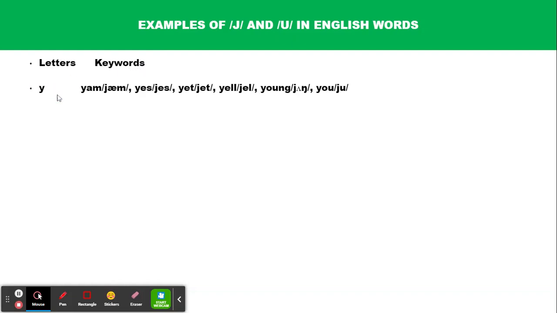Now, let's move on and take a look at examples of J and U in English words. We are going to look at the letters that contain the sound and then the key words. Okay, we begin with the letter Y. And you can see yam.